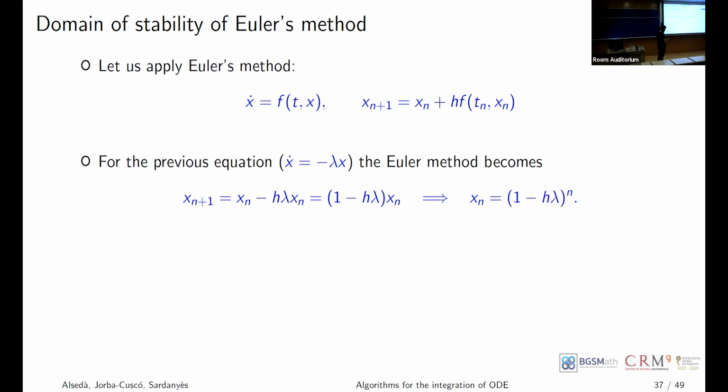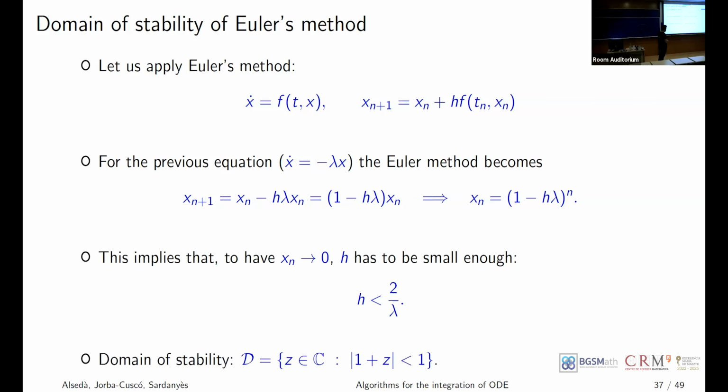Okay, so I keep going. Just a side comment, there is something called the domain of stability of a method, and this is essentially constructed, for Euler methods, with this equation, and you basically want the modulus of 1 minus h times lambda to be smaller than 1.